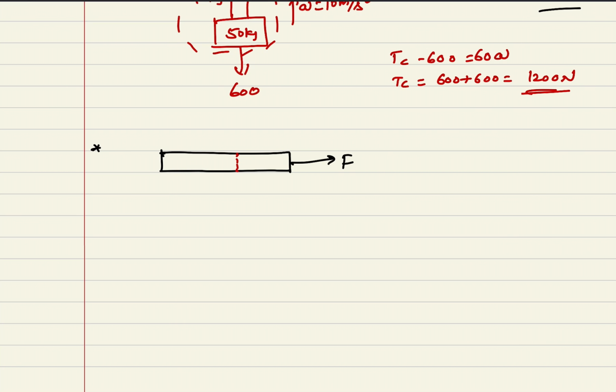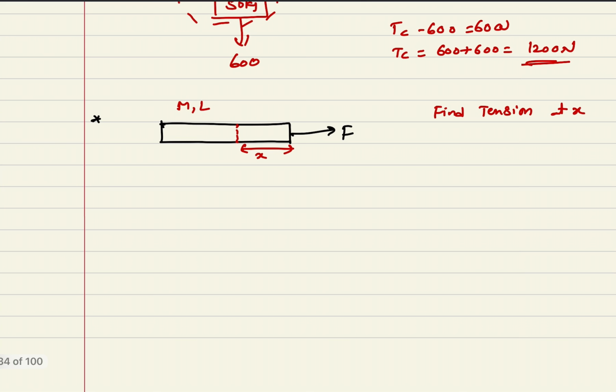If you want to calculate the tension at x distance from the front end, find the tension at x. Now mass is m, length is l. The whole system is moving in the forward direction with the same acceleration a. First I write a is equal to force F divided by the total mass m.